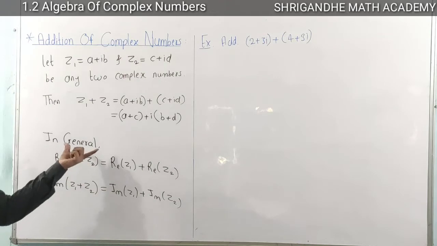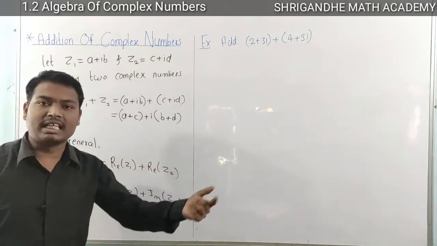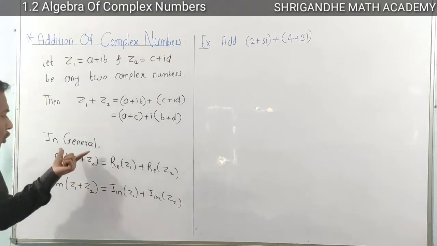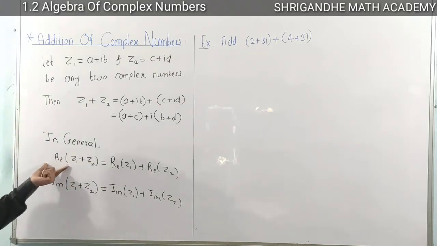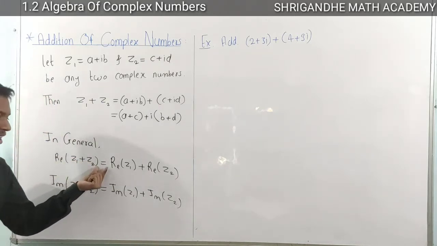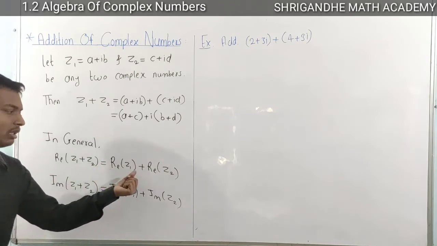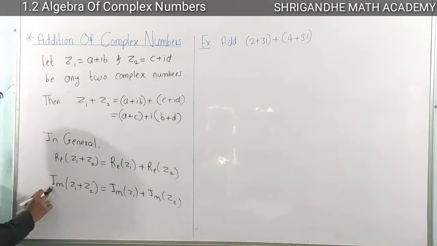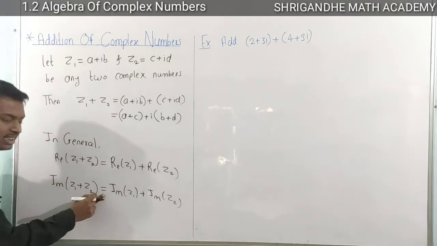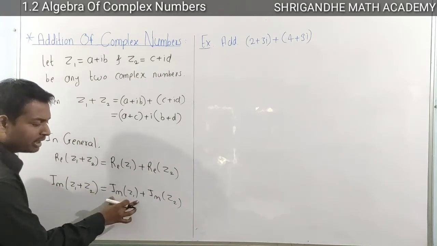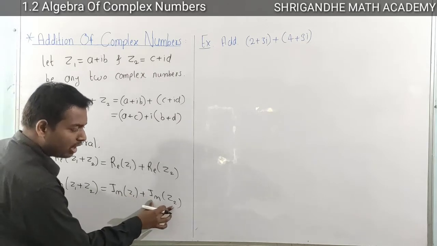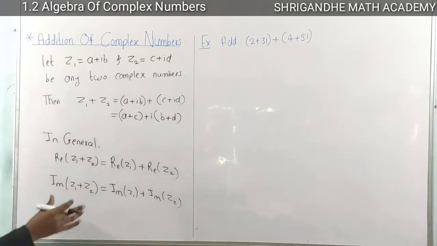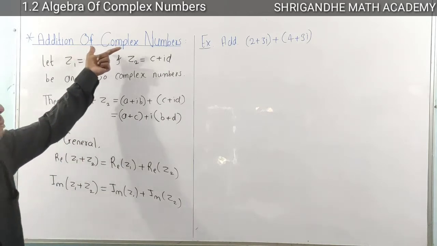Means in general, for given two complex numbers Z1 equal to a plus ib and Z2 equal to c plus id, we write real part of Z1 plus Z2 is equal to real part of Z1 plus real part of Z2. Also we can write imaginary part of Z1 plus Z2 is equal to imaginary part of Z1 plus imaginary part of Z2. This is the method, or this is the point of addition of complex numbers.